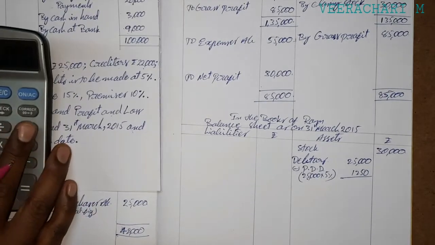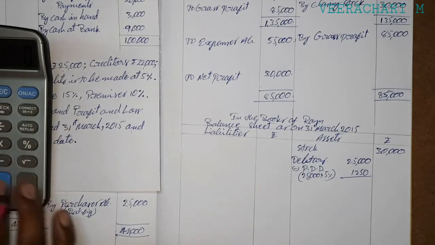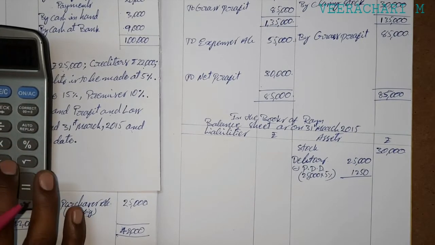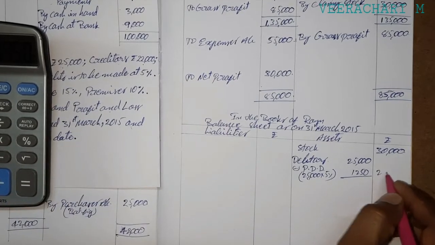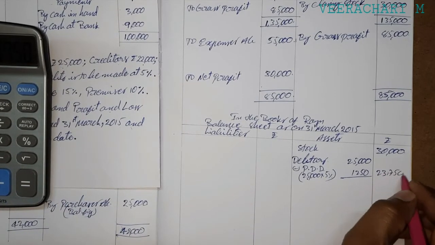Next one, 25,000 minus 1250, which is equal to 23,750.